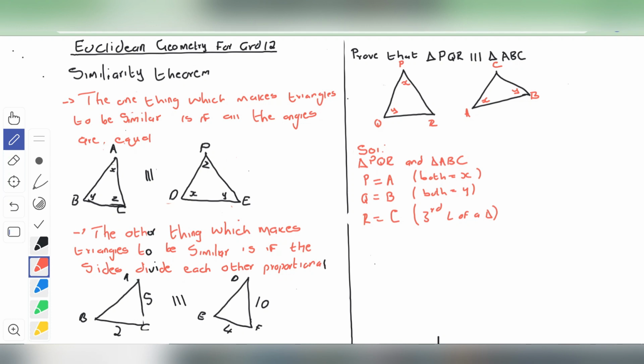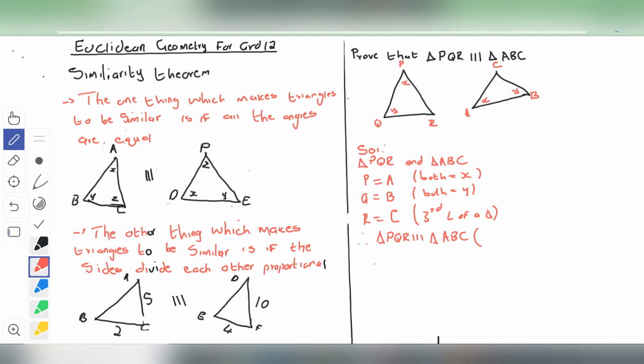But then you have to also say therefore triangle PQR is similar to triangle ABC. What is the reason?